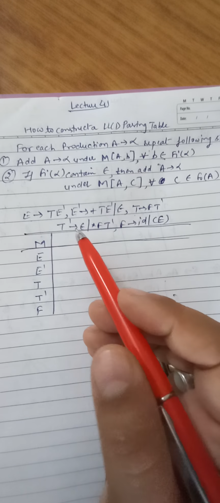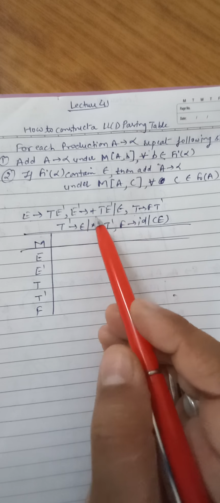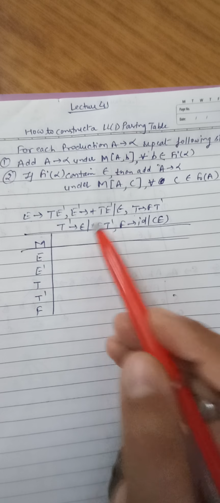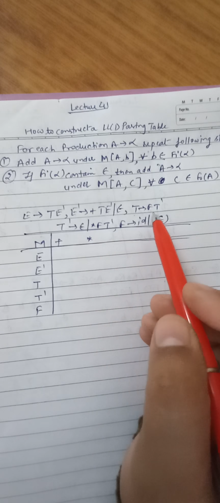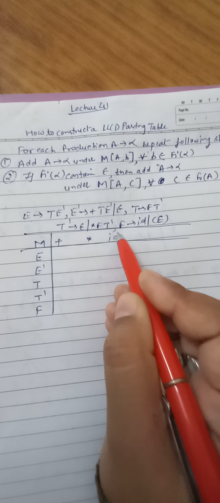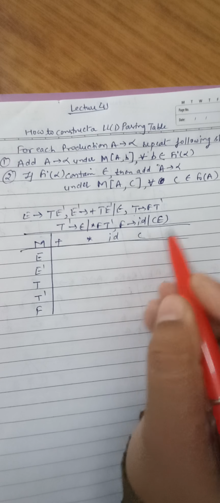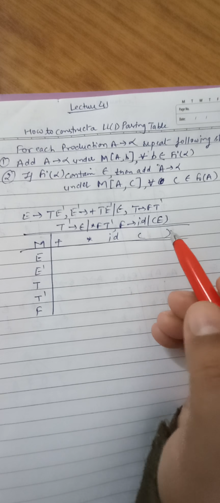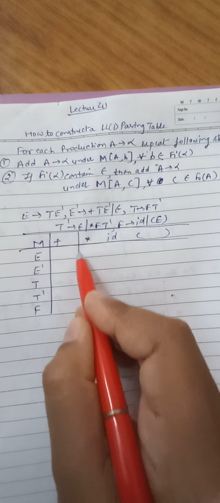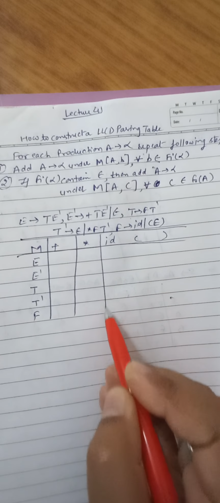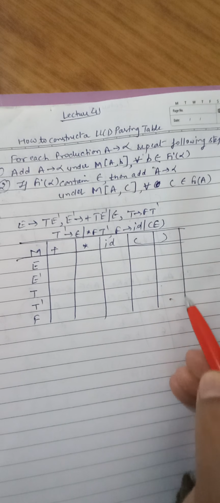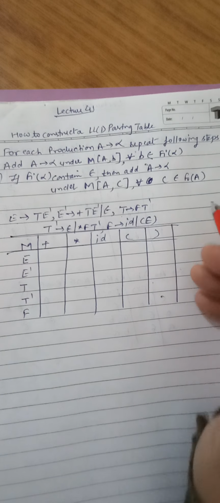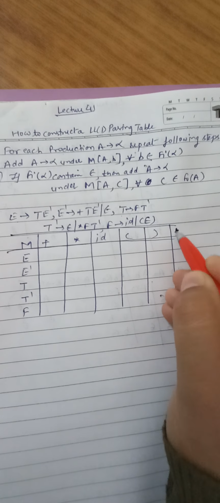And the terminals are: we have the plus symbol, we have the multiplication symbol, we have ID terminal, we have this opening bracket, we have this closing bracket, and one more symbol we are going to add, that is dollar.